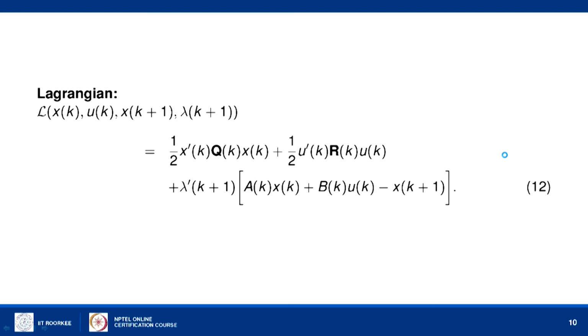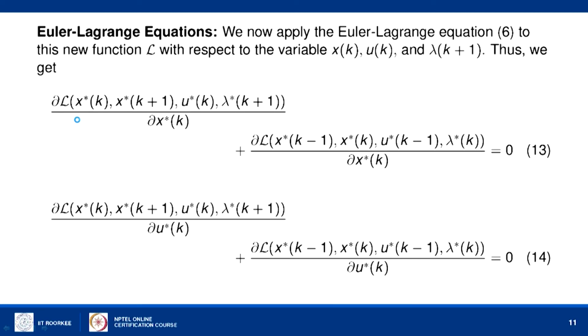In the place of the capital F function we are defining the Lagrangian capital L. So, the condition is written in terms of L here: del L at k by del x k plus del L at k minus 1 by del x k equal to 0. Similarly, the boundary condition is here; instead of one variable as in the previous problem, now we have three variables.